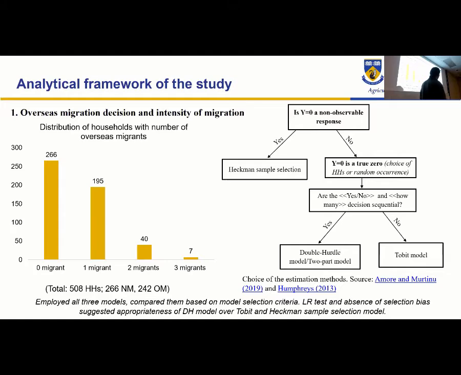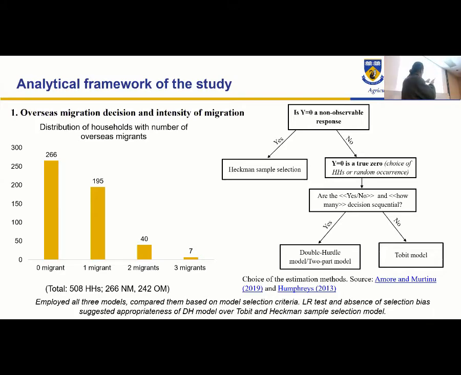So the Tobit model assumes that participation as well as intensity is determined by the same variables. But the double hurdle model says there are 2 stochastic processes that determine the 2 decision processes.